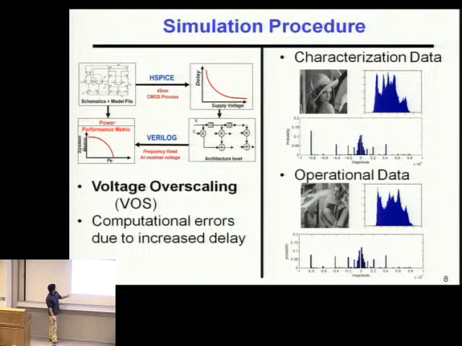Then we take the delay numbers and plug them into actual Verilog code to simulate the computation under various voltages. This way we are able to simulate voltage overscaling, and from this we can obtain the error statistics that are shown on the right side. We also use HSpice to get power numbers for each basic building block and estimate the power of our entire circuit.